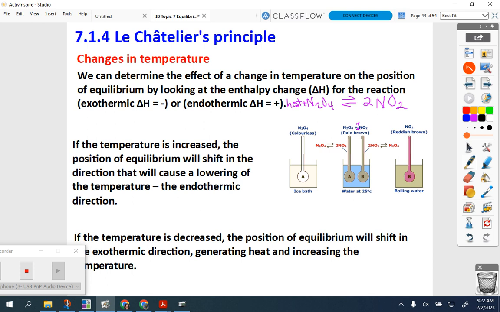Okay, so when I'm thinking about the effect of temperature in Le Chatelier's principle, I like to write in heat as a reactant or product, and then figure out whether it's endo or exothermic, or what direction it's going to go in. So the forward reaction then, is that going to be exothermic or endothermic?